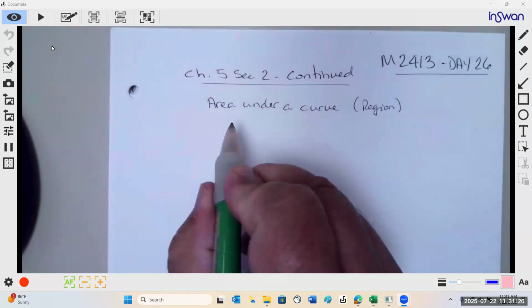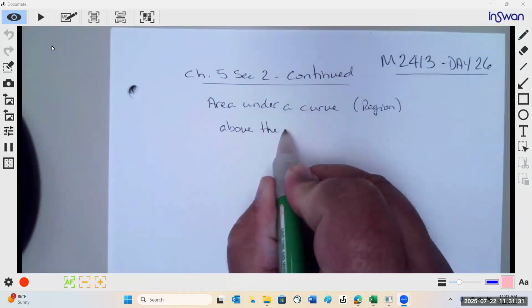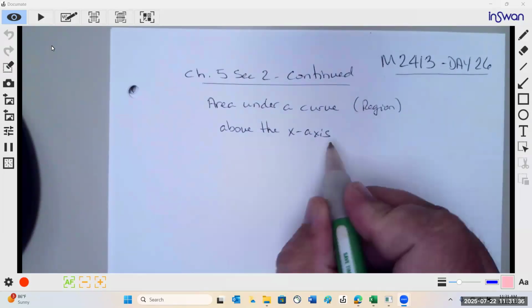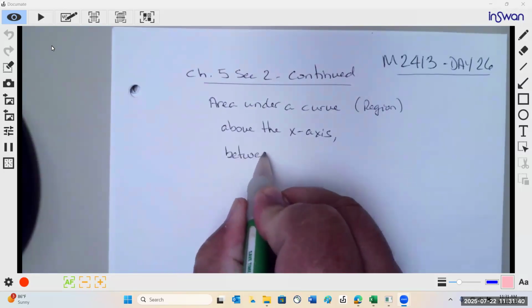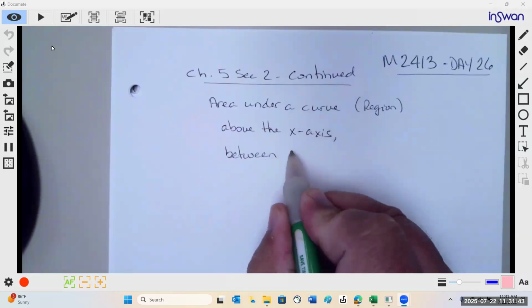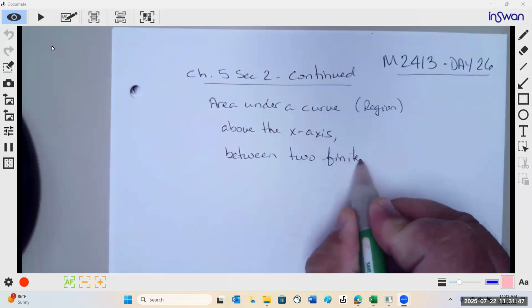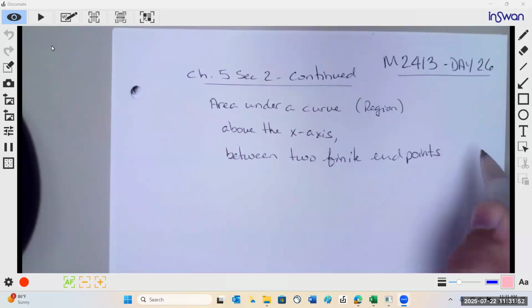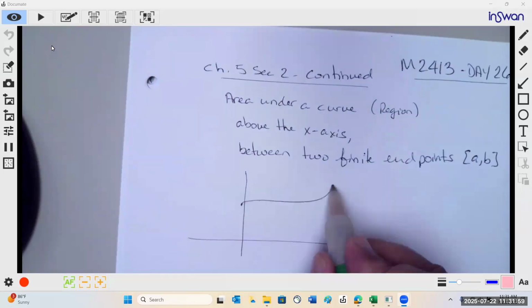It's area under a curve above the x-axis between two finite endpoints, A, B. So this is our entire purpose in this.